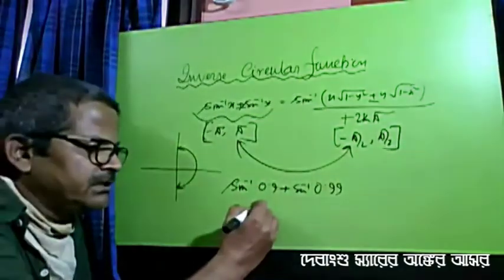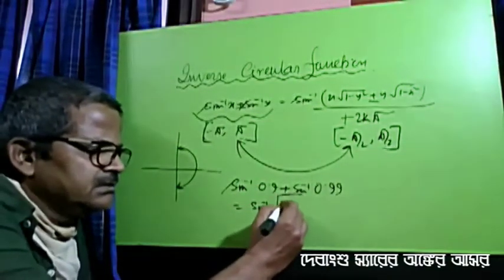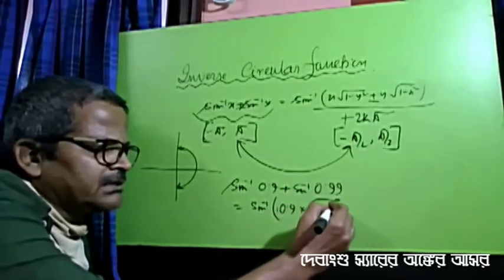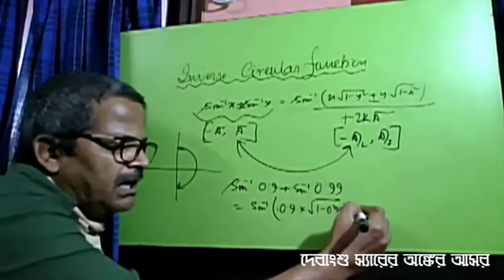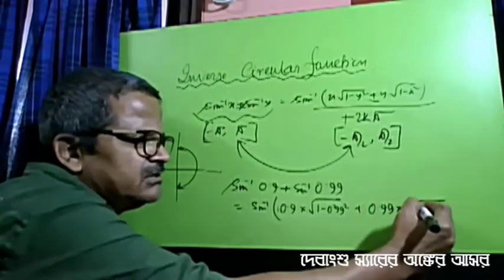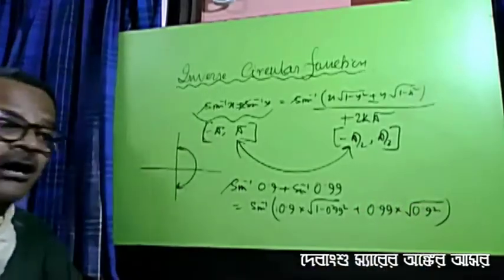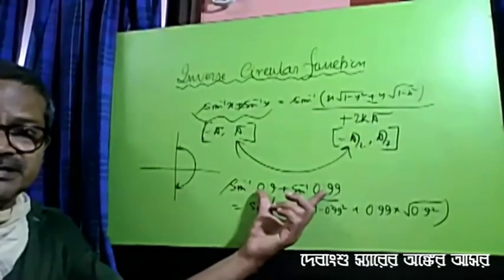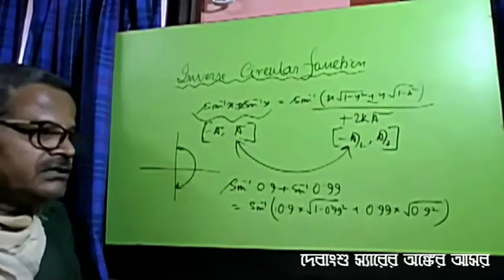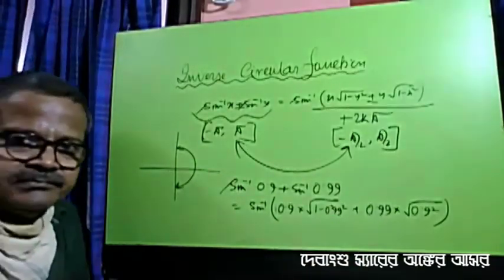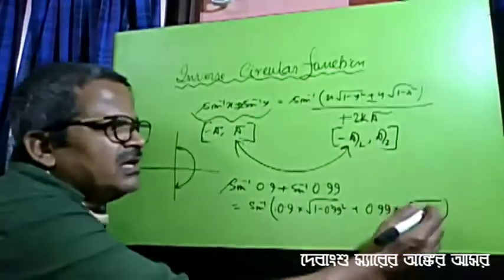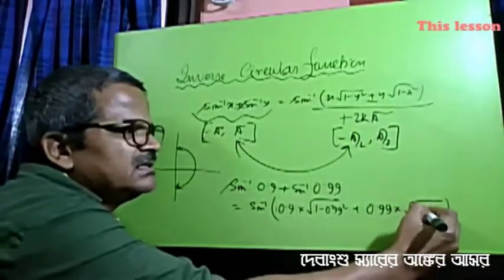But our formula will say it is sin inverse of 0.9 into root over 1 minus 0.99 square, plus 0.99 into root over 1 minus 0.9 square. Now the sum of these two values is very close to 180 degrees, but what will you get?